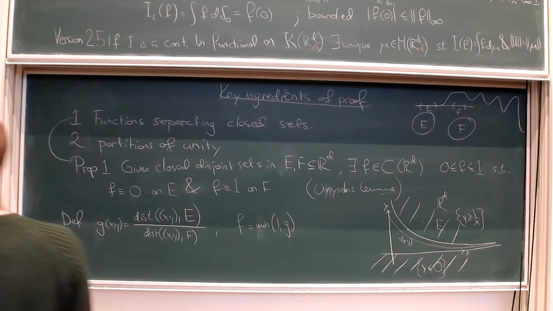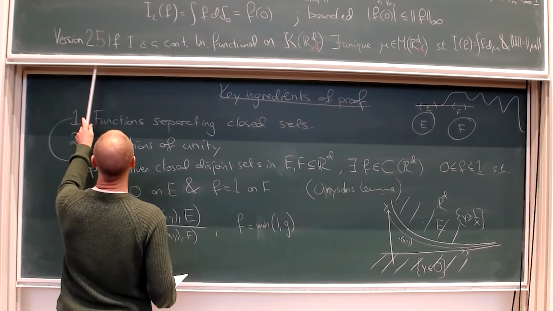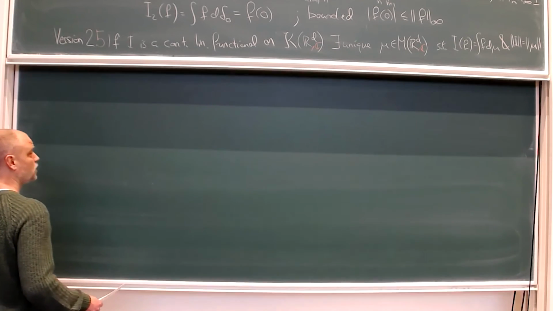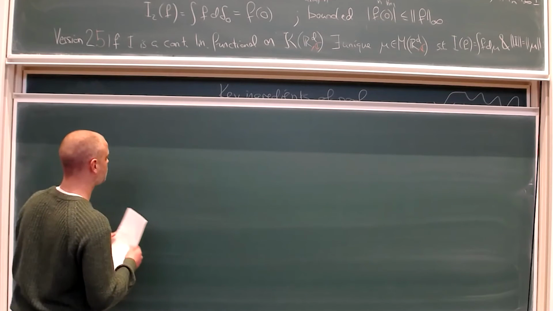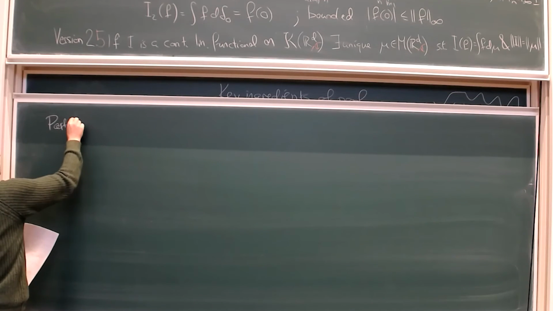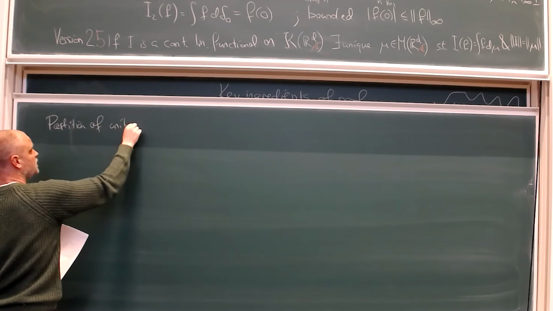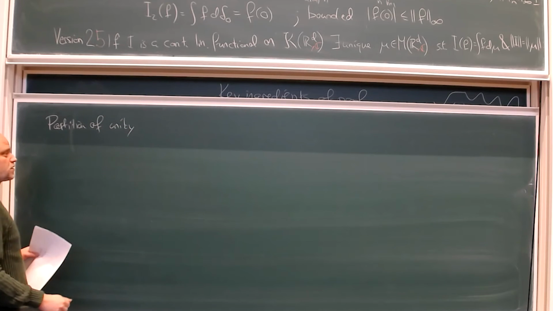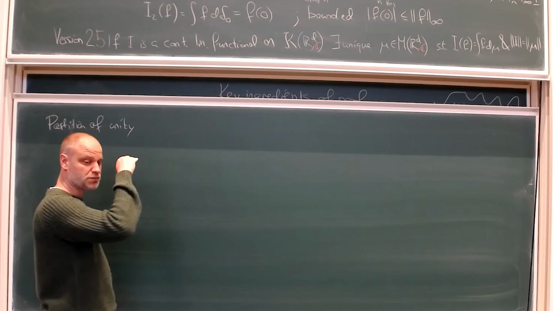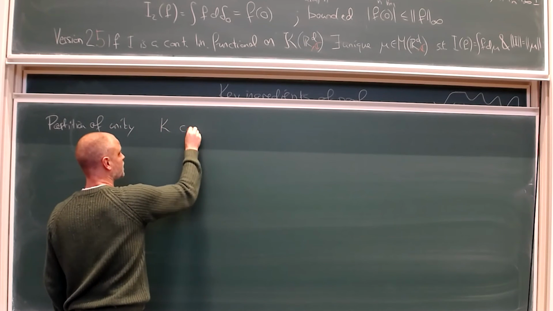Okay, now the second topic, partitions of unity. It is the following definition. Partition of unity. Unity doesn't mean that you feel anything in common. Unity just means the number 1 here. So you start out with a compact set.